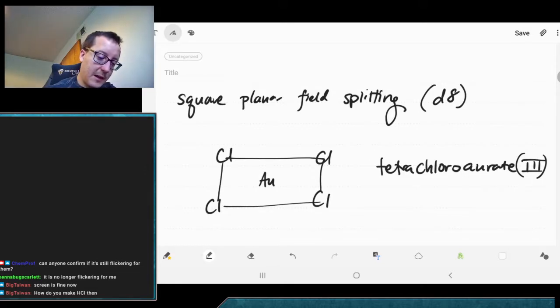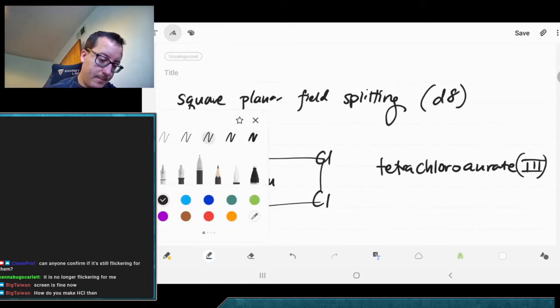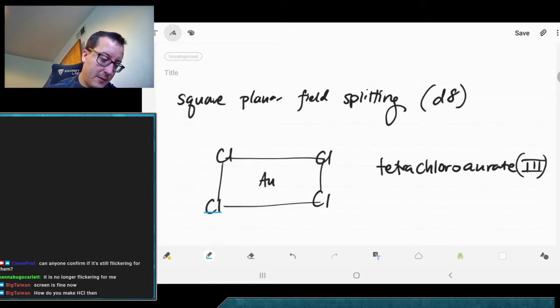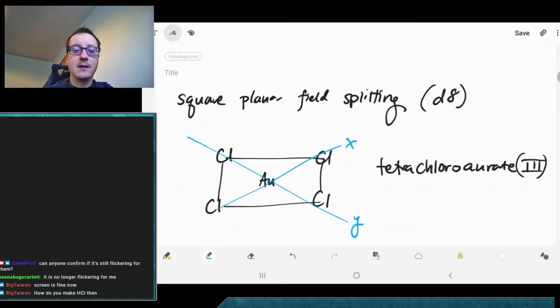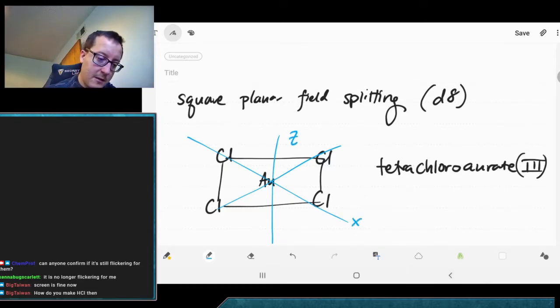If we want to look at the patterns here, we're going to have our x and y axes, and our z-axis up as before. Actually, I think I did this as x last time, didn't I? Doesn't matter, they're all the same.